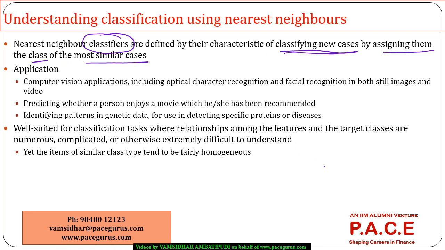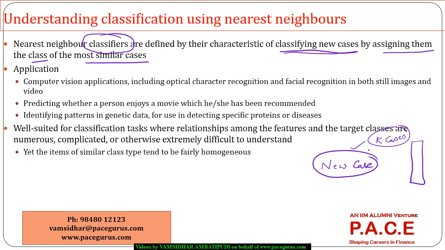So for the new case that I have taken up, I will try to see, among the various existing cases, which k cases are closest to this new case. Let's say if I'm talking about k as 5, which 5 cases are the closest to the new case?